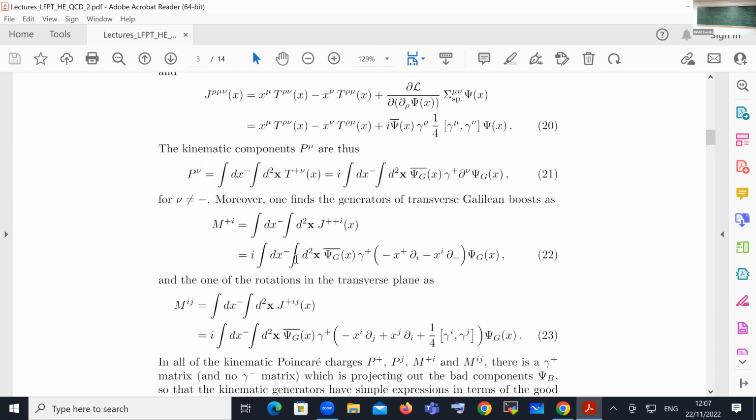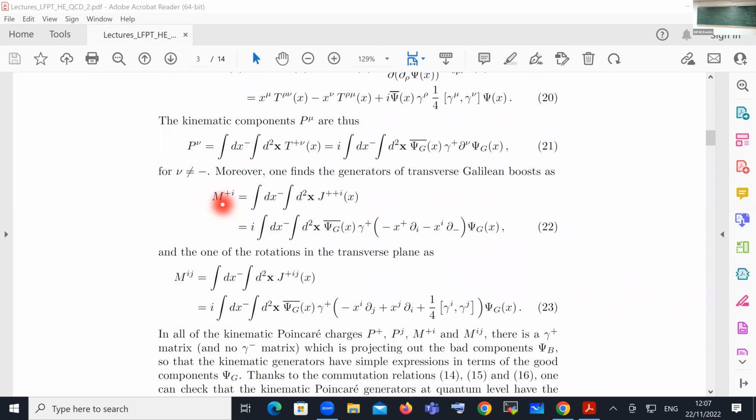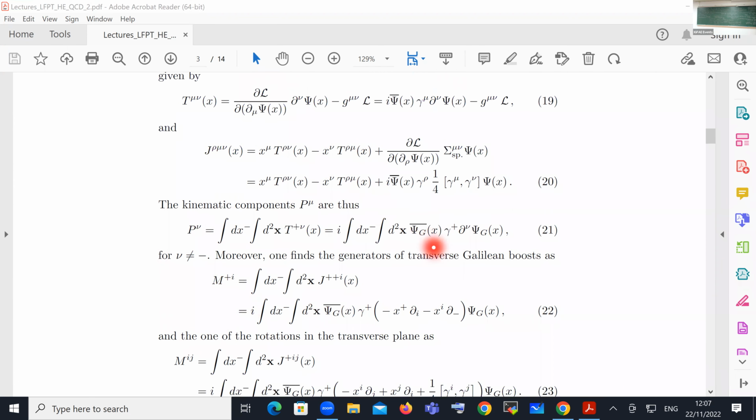And similarly, if we look at this one here, which corresponds to the transverse Galilean boosts. Now we have again the first one, which is plus, and then we have plus, I. So for example, if you look at this term here, the rho will be plus, and then another one will be plus, and another one will be I. But gamma plus anti-commutes with gamma I, and gamma plus squared equals 0.